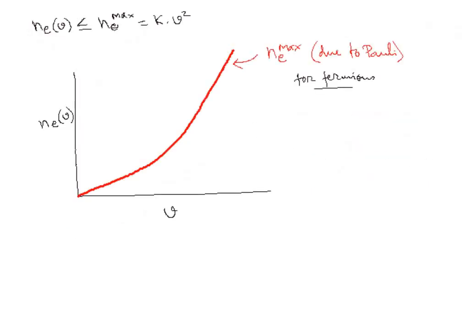Suppose we plot the Maxwell-Boltzmann distribution for an electron density of Ne equal to 1.5 times 10 to the power 23 per centimeter cube, and a temperature of 10 to the power 5 Kelvin. Let us also plot the maximum possible number of electrons per centimeter cube for a given velocity.